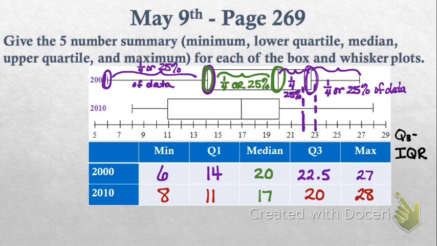So we're going to go with the right-hand side of the rectangle minus the left-hand side of the rectangle. Q3 minus Q1. What would that be for 2000? Again, I know I didn't ask you guys this question, but let's go ahead and do it now. What would my interquartile range be for 2000?